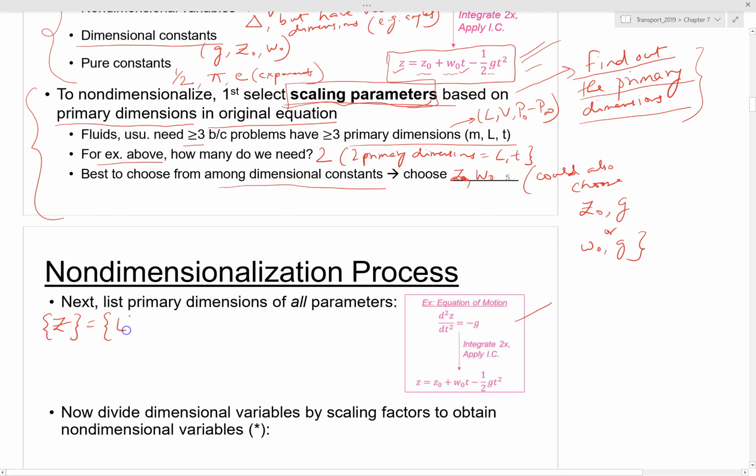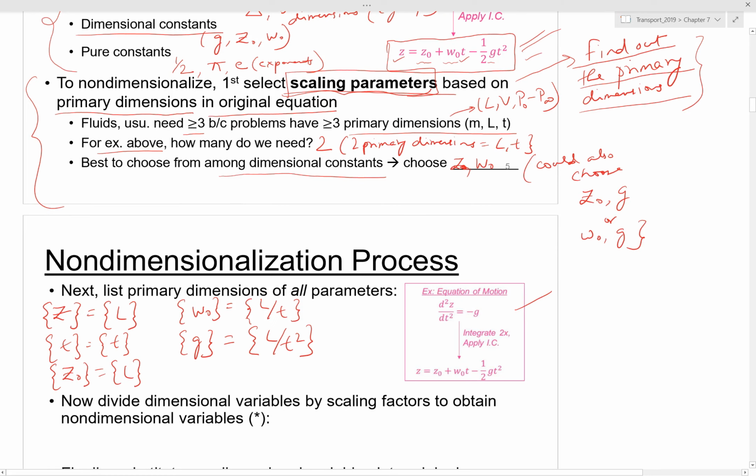Z, length, T is time, Z0, which is a dimensional constant, length, W0 is velocity, and G is acceleration.